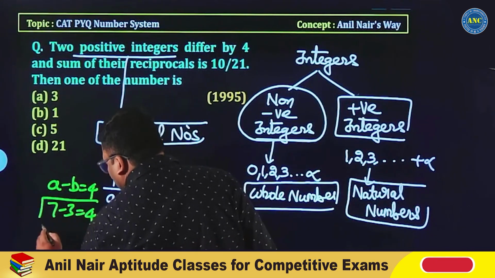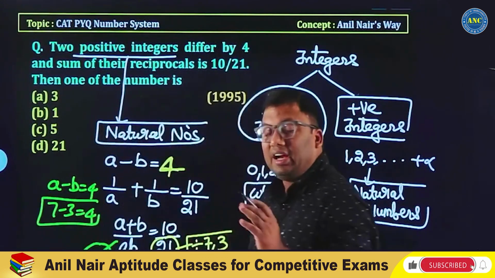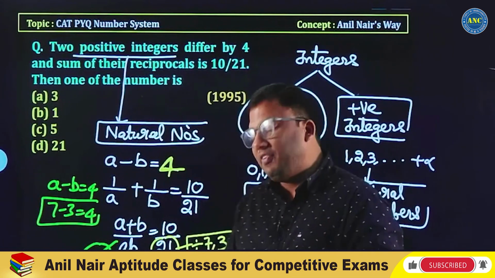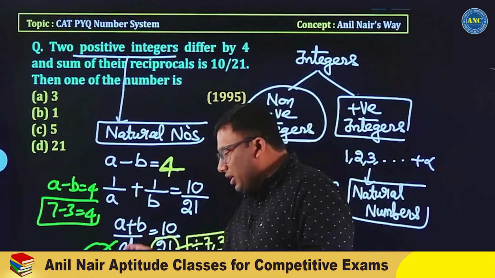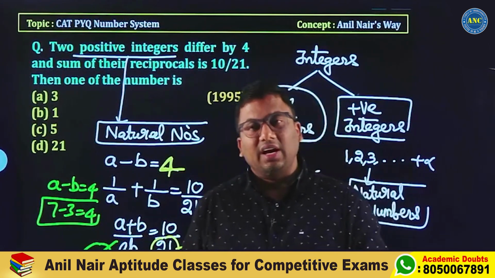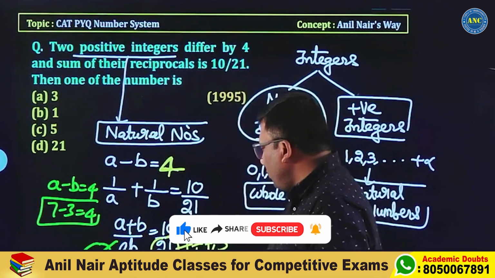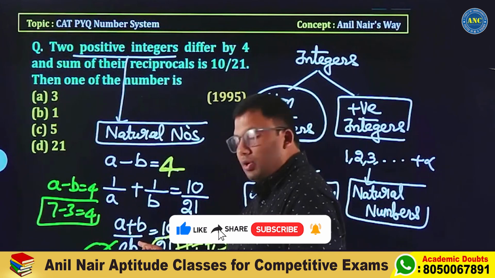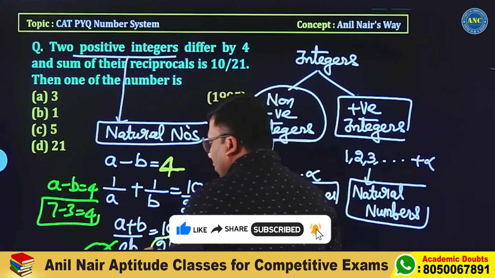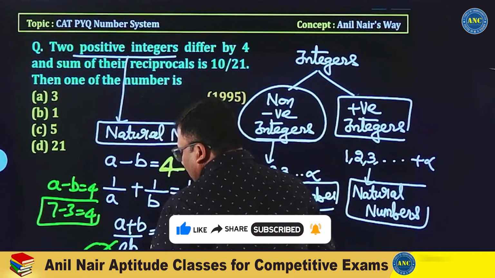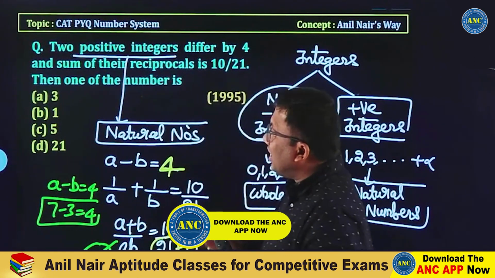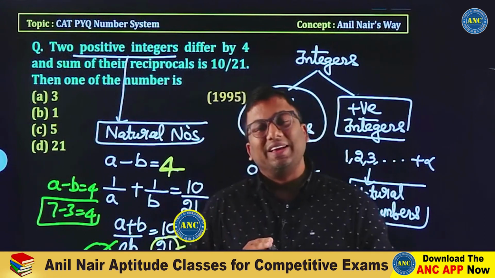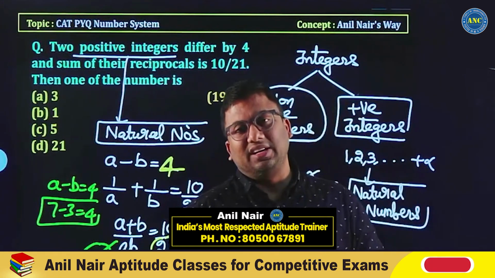One number has to be 7 and another 3, because A and B are not fractions. If they were fractions, you could have said 1 by 21 into 441, like this also. But it is clearly mentioned in the question that A and B are positive integers.